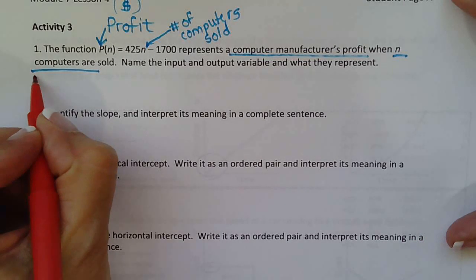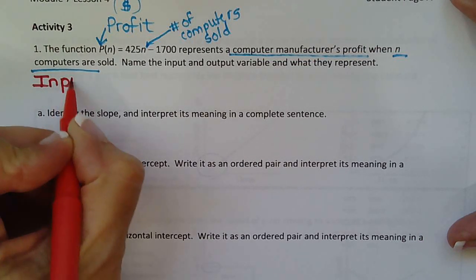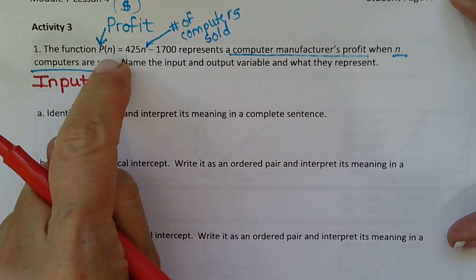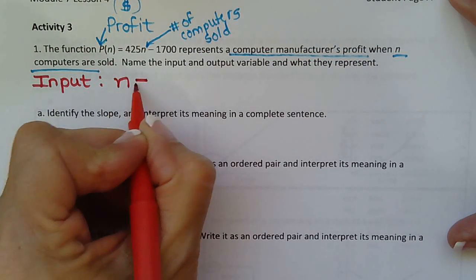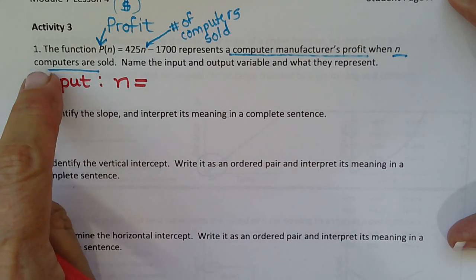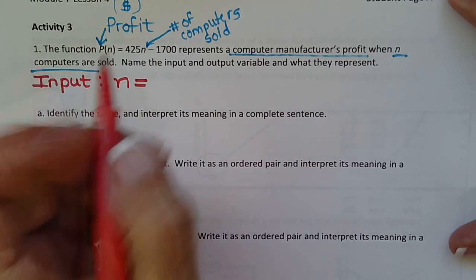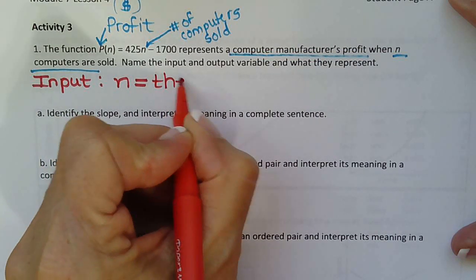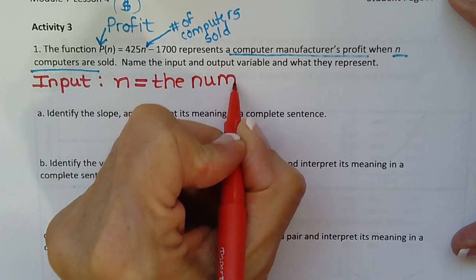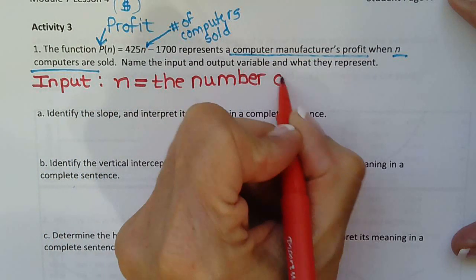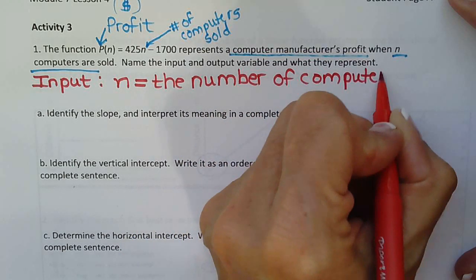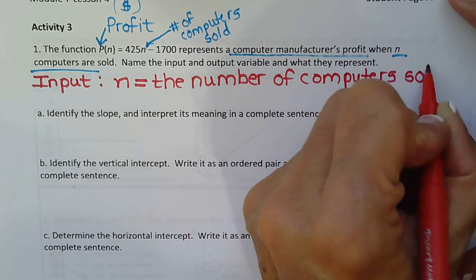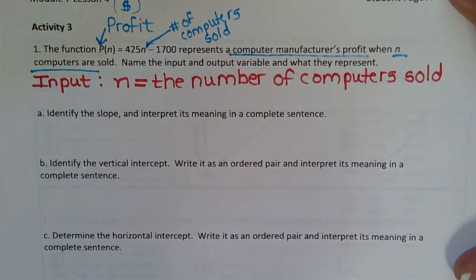So input is always our X. So what are they using in place of X? Look inside parentheses. So N equals, and it says what they represent, the number of computers sold. And make sure your variable statements are very descriptive, because we are picky about that in this class.